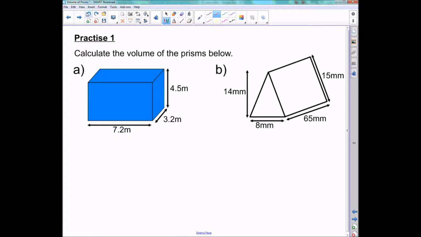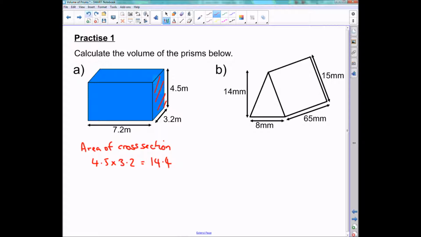Okay, so hopefully you've had a go at those. I'm just going to run through the answers with you now. For the cuboid, first I need to do the area of the cross-section. In this case, it's the rectangle on the end here, and I need to do 4.5 times 3.2. Doing that on my calculator, I get an answer of 14.4.